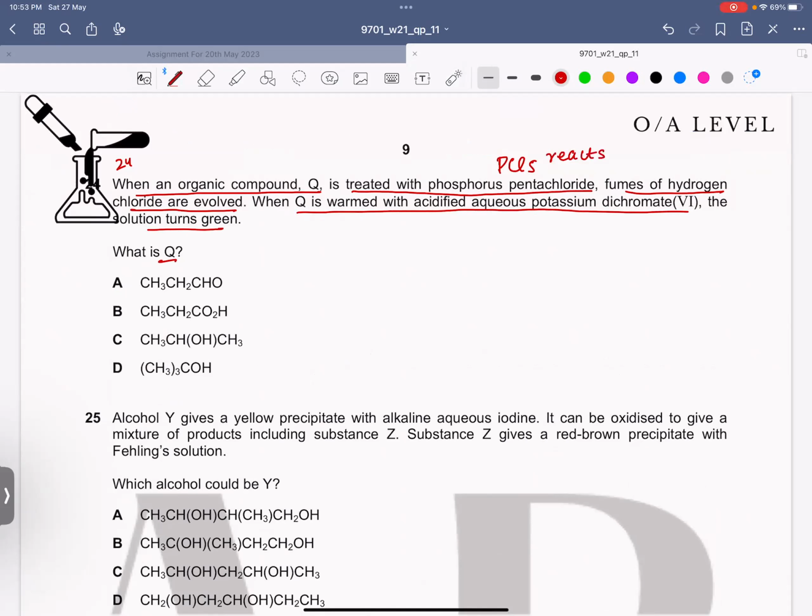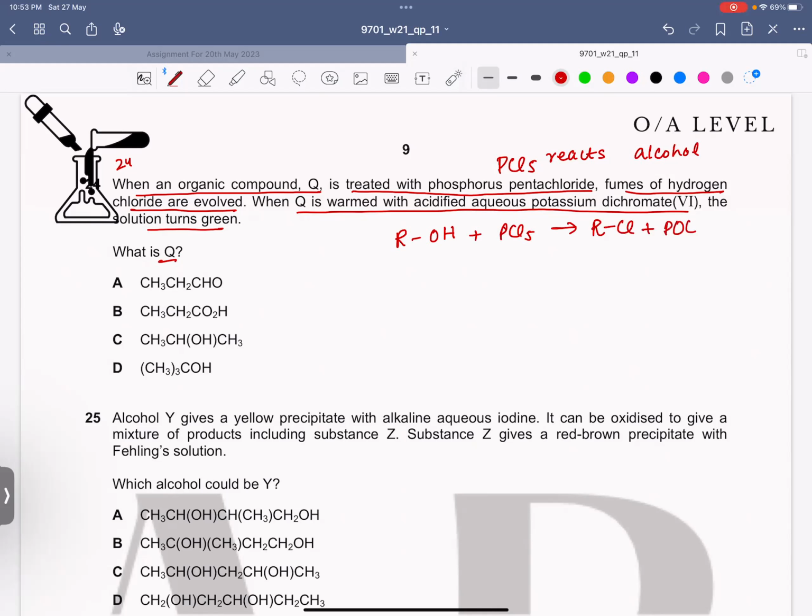actually reacts with alcohol. So when PCl5 reacts with any alcohol, I'm just writing the general equation: the OH is displaced by a chlorine.